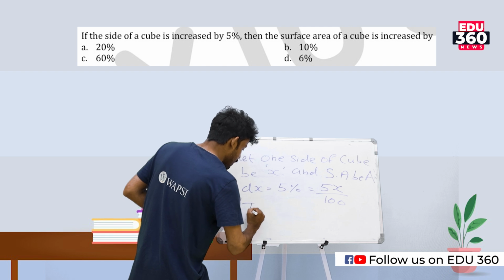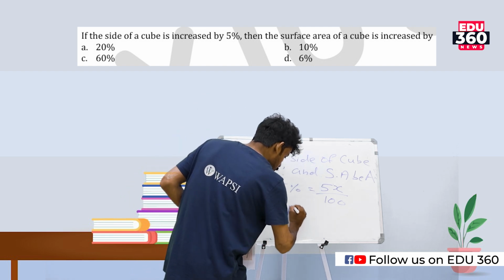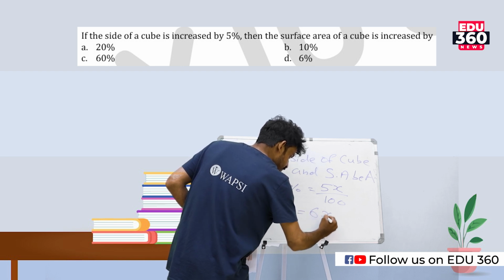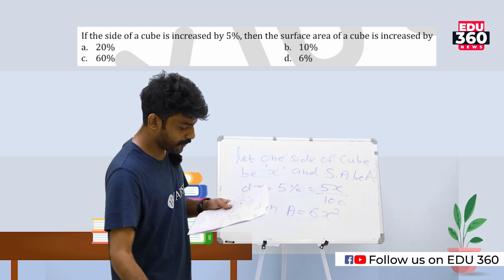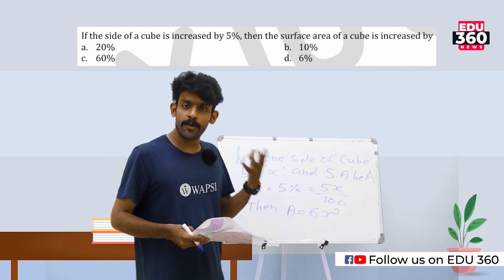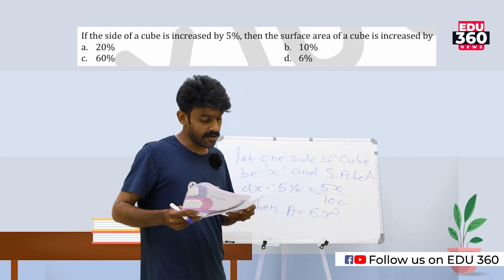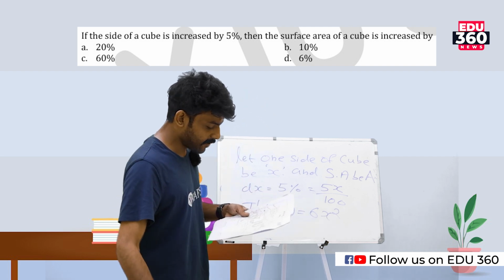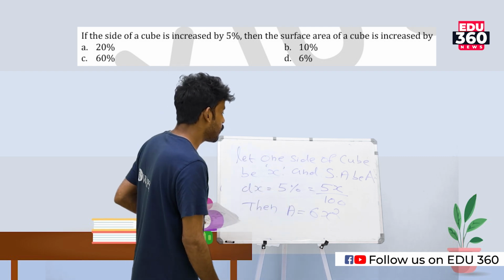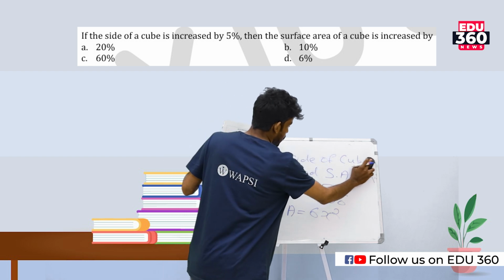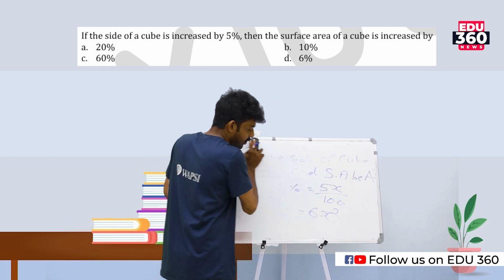Then we can write A is equal to 6x square. Okay, because it's a cube, it's already given in the question. So here we can differentiate area with respect to x. We are going to find dA by dx.